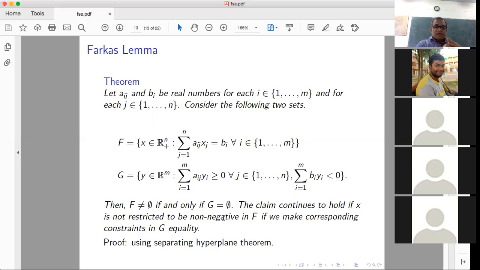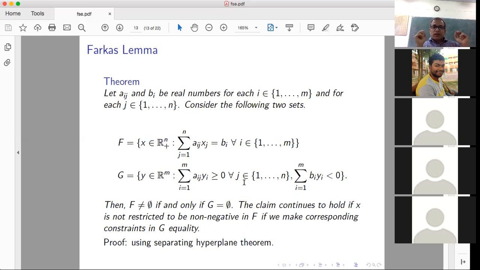So why is this useful? Well, in many settings, it may be difficult to verify whether a particular system has a solution or not. But the G system, which is called the Farkas alternative, may be easier to verify for whether it has no solution or not.